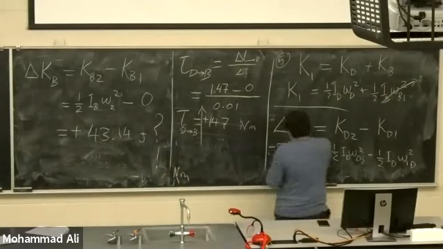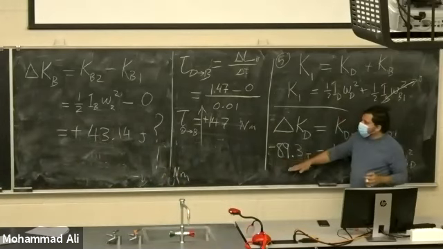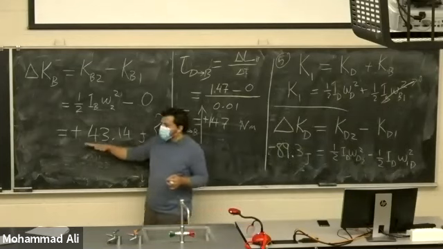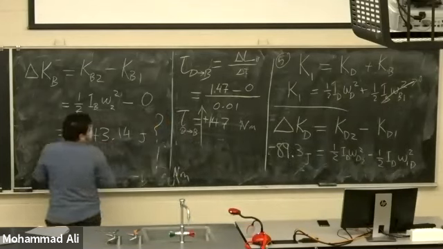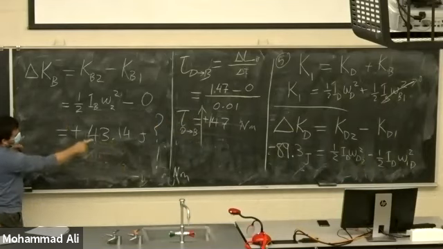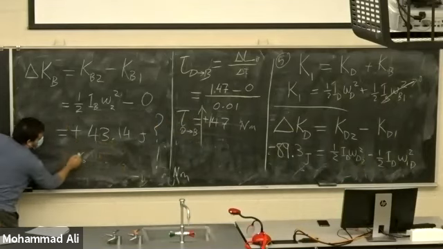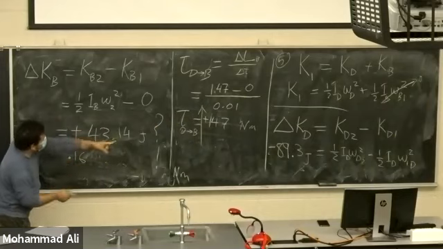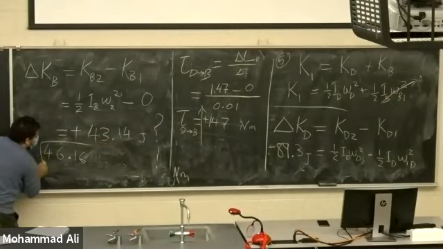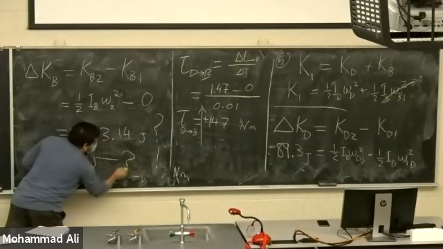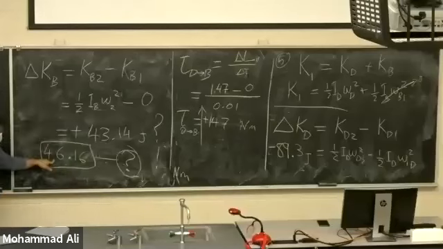The change in kinetic energy for the disk is negative 89.3, and the change for the ball is positive 43. So 89.3 minus 43 gives us 46.16 joules lost.